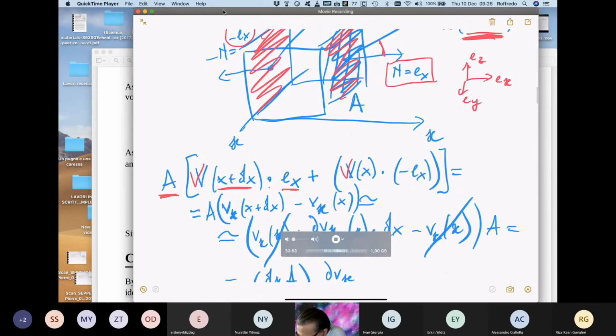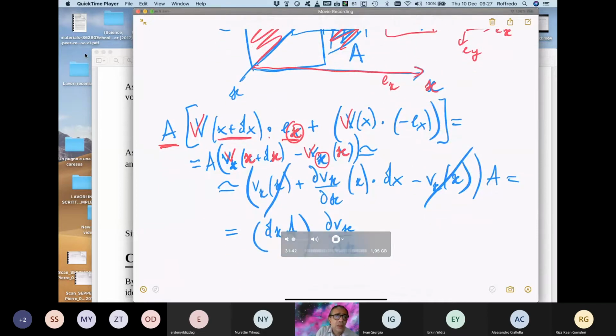So if we call Wx the X component of W, this is equal to area times Wx calculated in X plus dx minus Wx of X. Now, this is the same variable than here and than there, because we must consider the coordinate along a line, and this EX is the unit vector pointing in the positive direction of this axis. Okay?